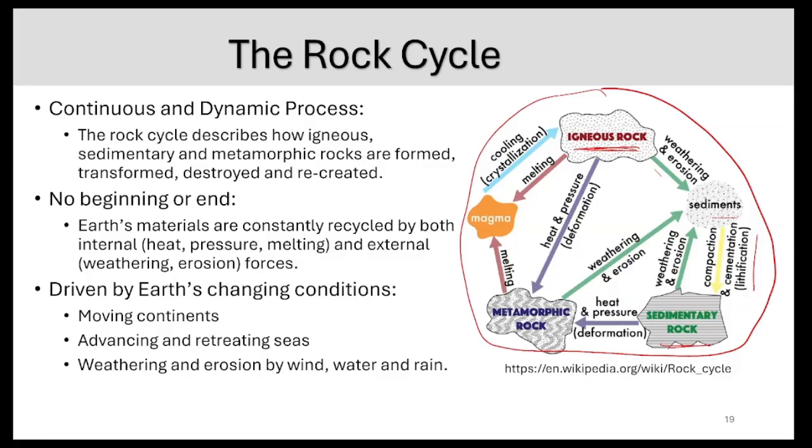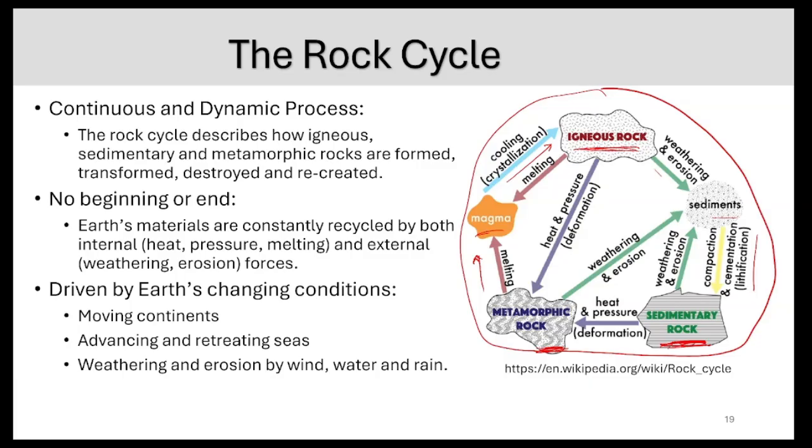And with enough heat and pressure, this sedimentary rock will transform into metamorphic rock. If this metamorphic rock is heated enough, it will melt, and once it melts, it will form a liquid form called magma. And when the magma is cooled, it will again form igneous rock, and the cycle keeps repeating.